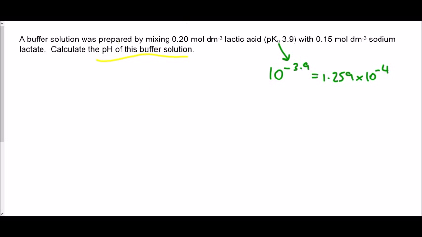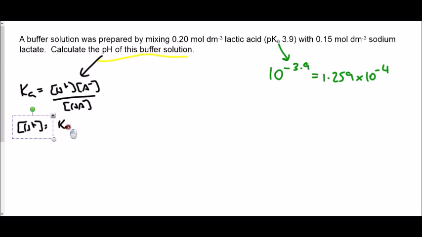Next thing, if we're being asked to calculate the pH, then we know that we're using the Ka expression, but we need to rearrange that to give us H+. Then we need to put the numbers in, so Ka we just worked out.